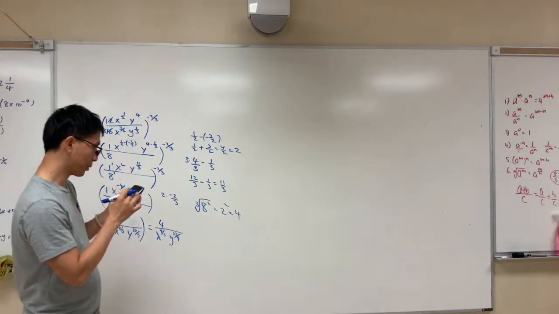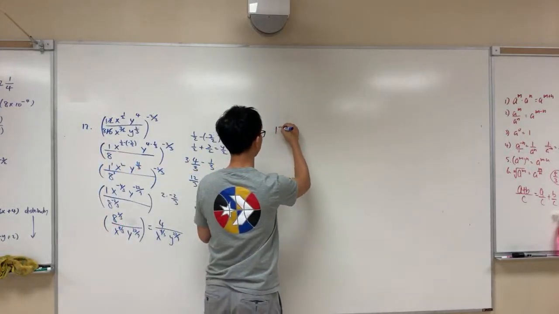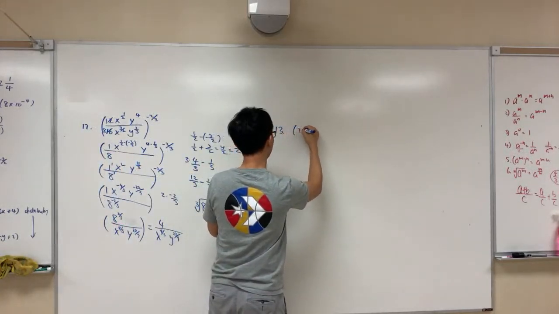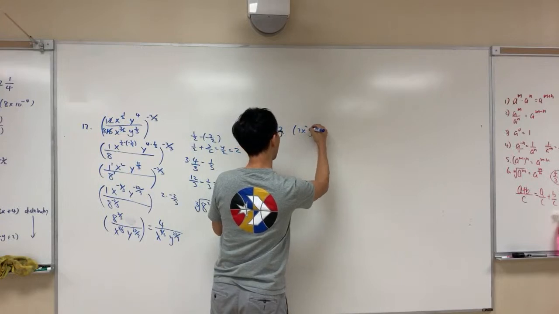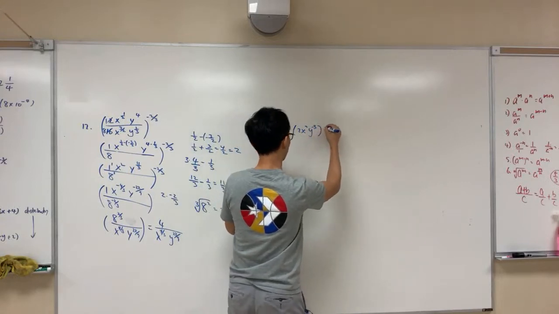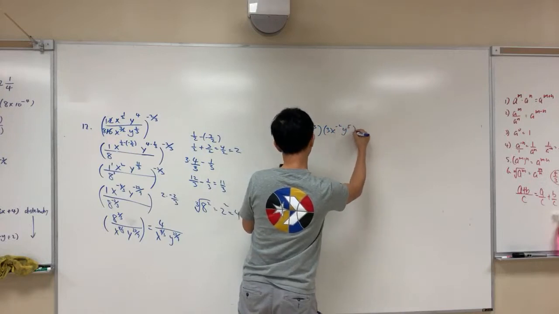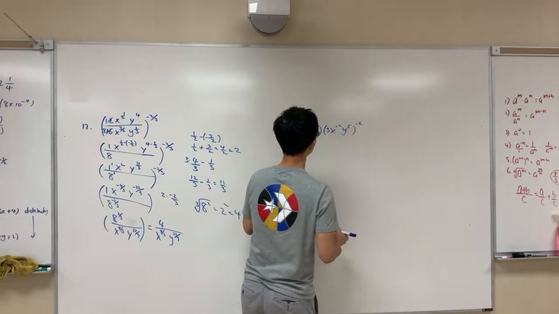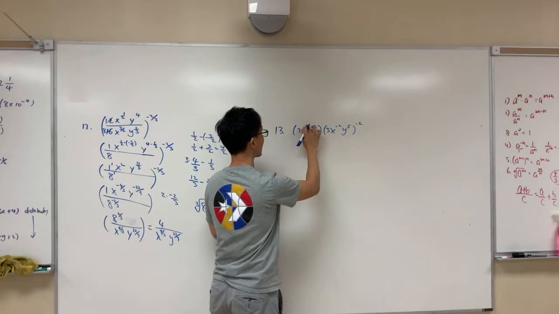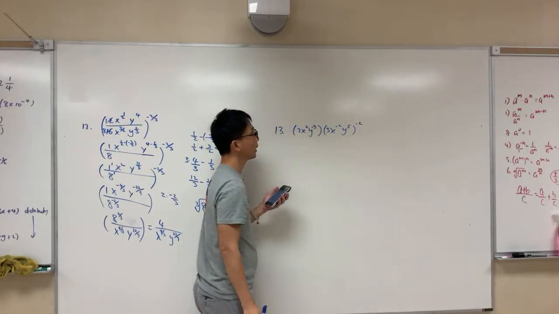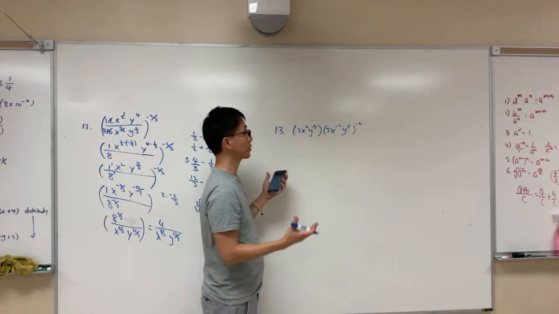Okay, next question. Question 13. 2x squared y to the -3 times (3x to the -2 y to the 5) to the -2 power. If you see this kind of question, you have to look at the picture as a whole.